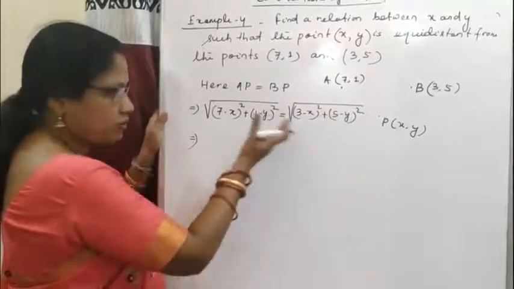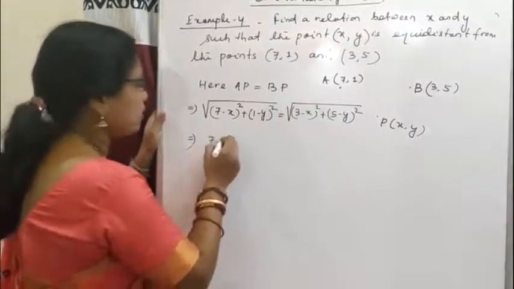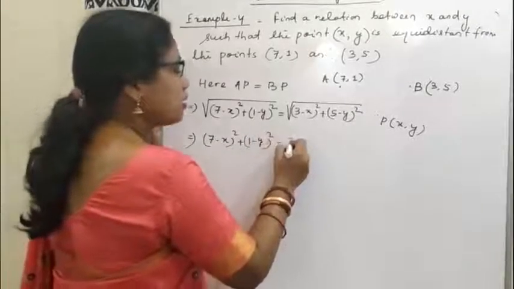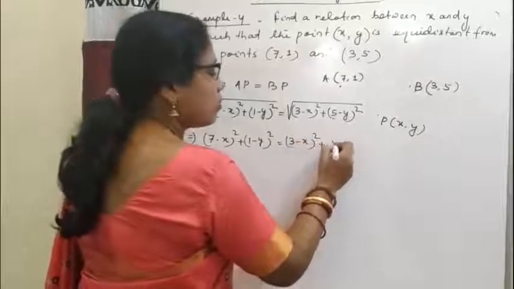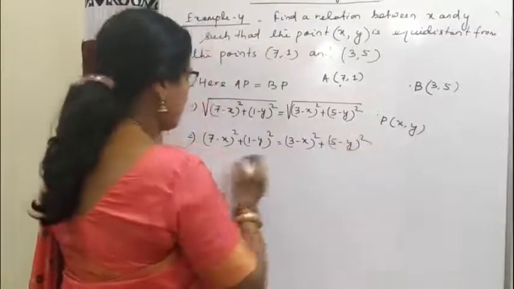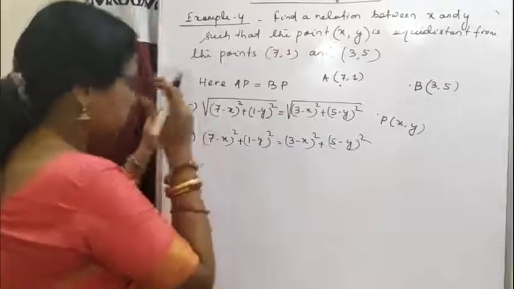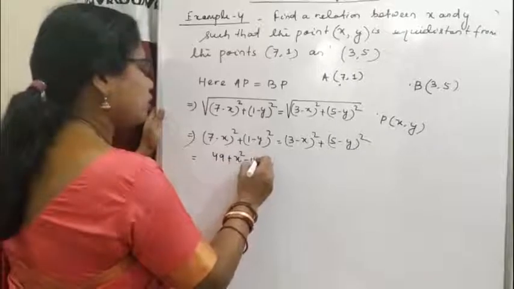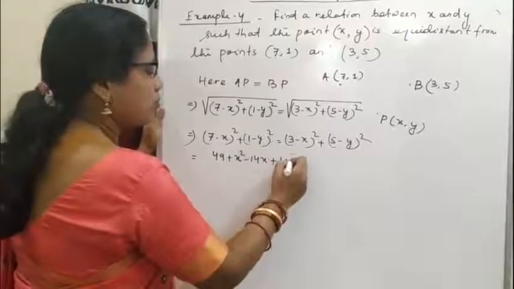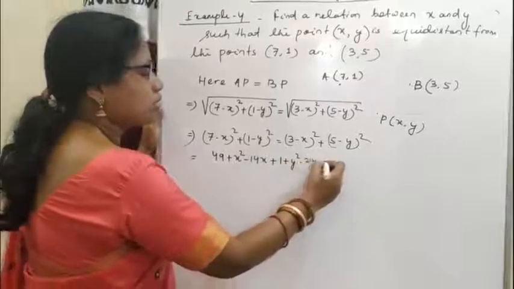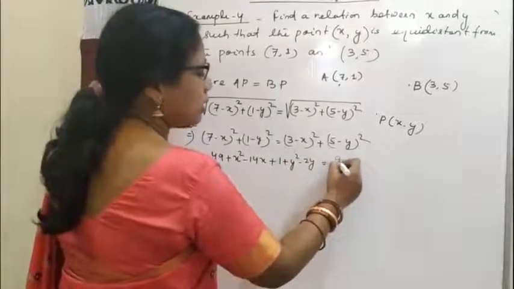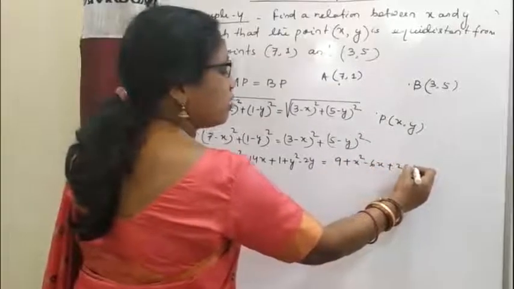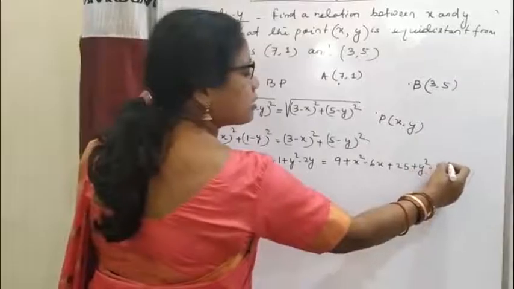By squaring both sides, (7 minus x) whole square plus (1 minus y) whole square is equal to (3 minus x) whole square plus (5 minus y) whole square. Now expand the squares. This is 49 plus x square minus 14x plus 1 plus y square minus 2y, equal to 9 plus x square minus 6x plus 25 plus y square minus 10y.